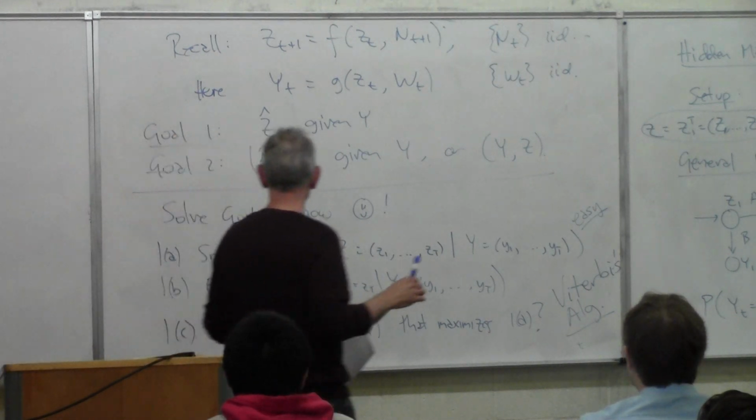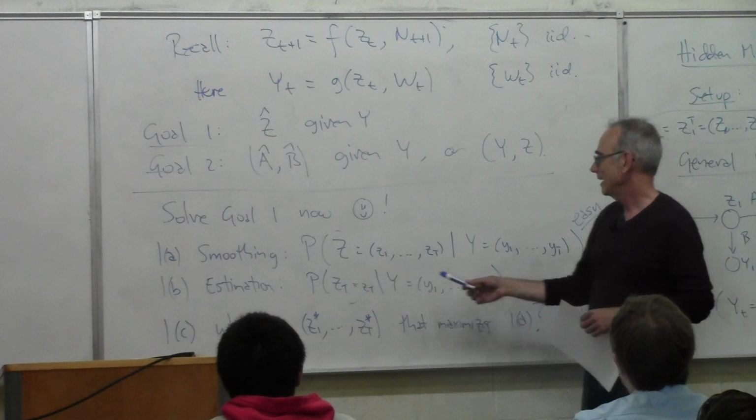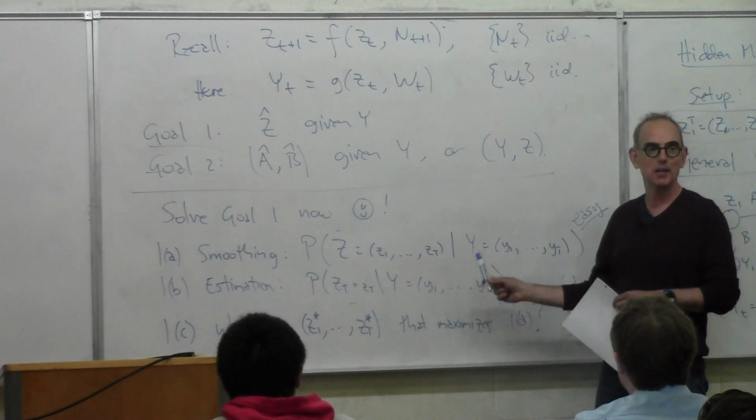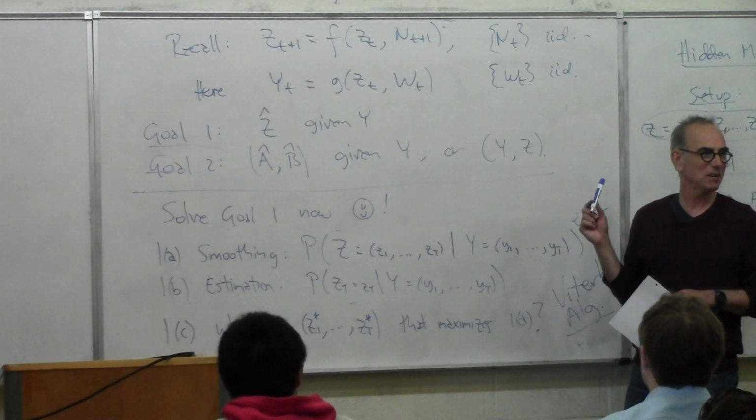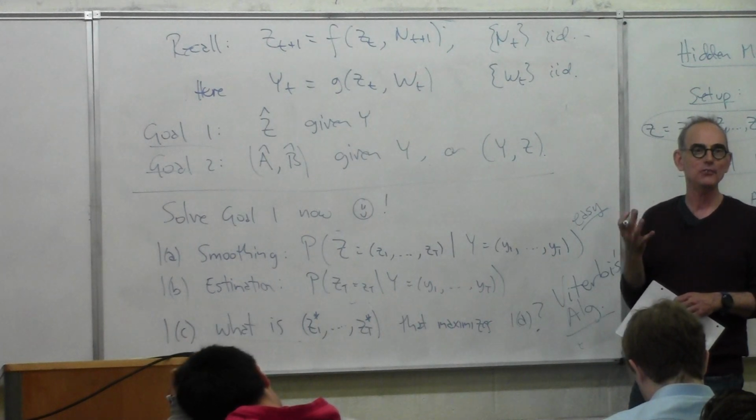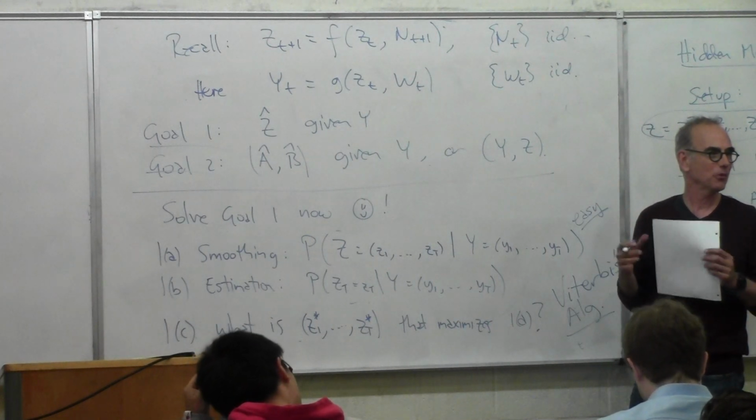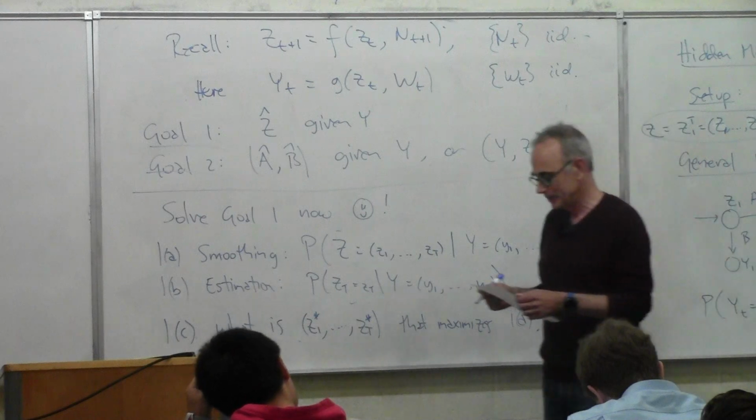So we definitely know the answer to this problem. It's the probability of this and this divided by the probability of this. We just have to come up with notation so that it's not such a horrible thing to write down.